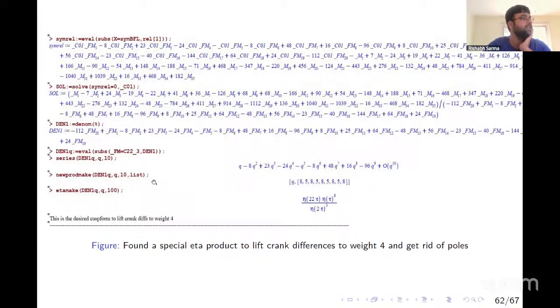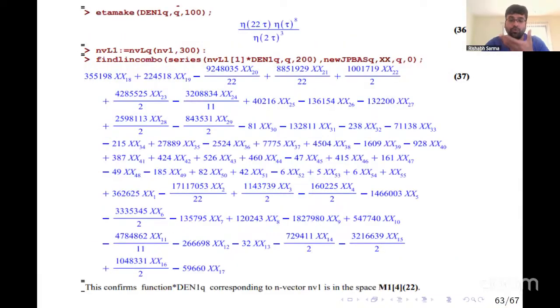Through some experimentation, this is the eta quotient that we find that lifts our crank differences to weight 4, and it also gets rid of the poles. Now this, as you can see, is of weight 3. So what we do is we multiply this with our crank differences to get a weight 4 object.